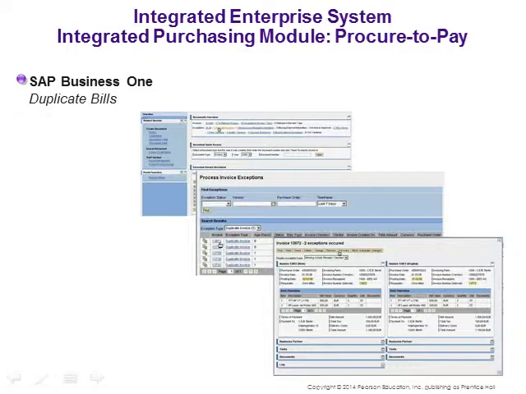And so because SAP is an integrated system, it has the capability to detect when there are duplicate bills entered in the system. Exceptions are flagged so the user can then investigate.